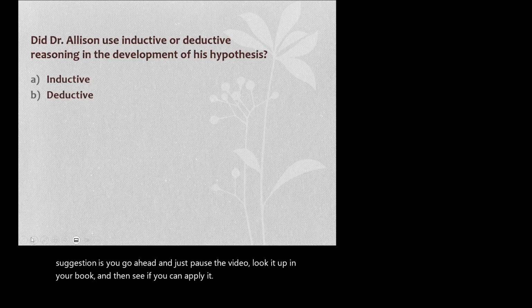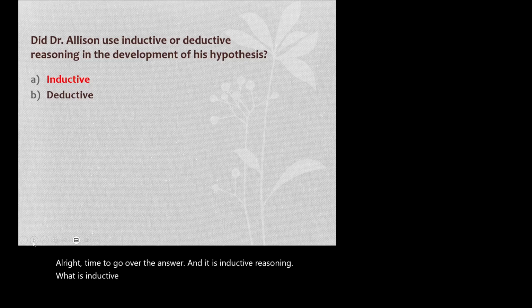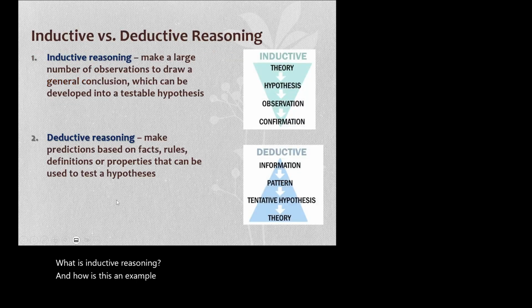All right, time to go over the answer, and it is inductive reasoning. What is inductive reasoning, and how is this an example of that? With inductive reasoning, a conclusion is drawn by looking for patterns in a large number of observations. Usually you begin with some data, and then you determine what general conclusions can be derived from those data.